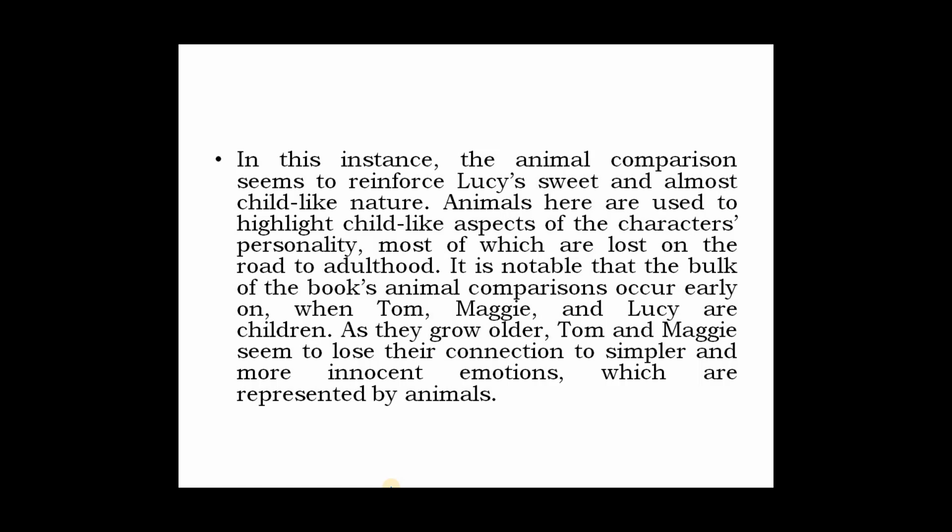They lose everything. It is notable that the bulk of the book's animal comparisons occur early on, when Tom, Maggie and Lucy are children. So they are compared to different animals at different times. As they grow older, Tom and Maggie seem to lose their connection to simpler and more innocent emotions, which are represented by animals.